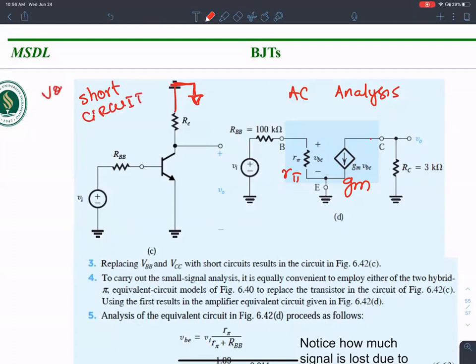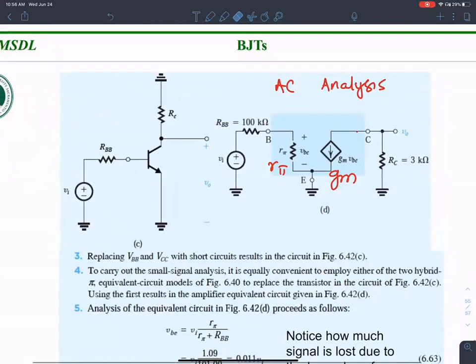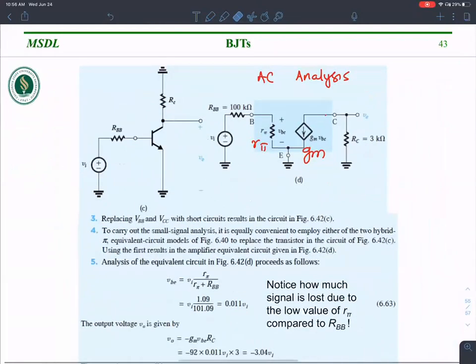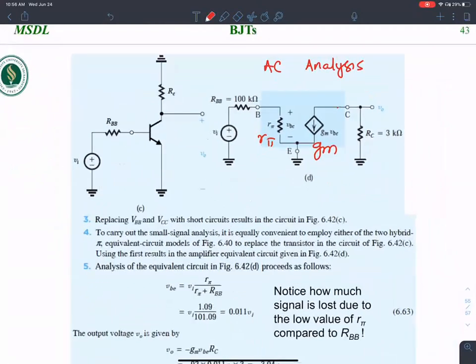For a current source, if you want to deactivate it, you simply open circuit it. That's the way to deactivate DC sources. So you can do the AC analysis just by itself.